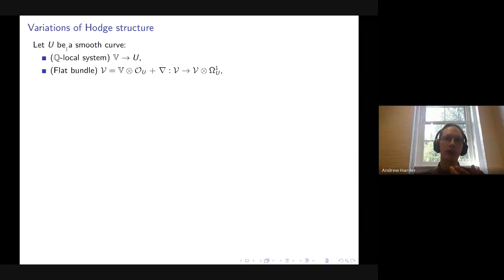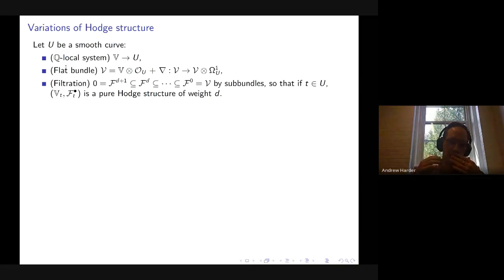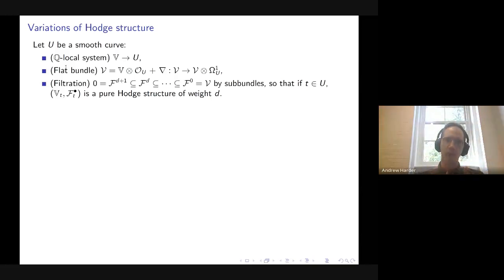This is the variation of Hodge structure over the curve. Then I have the connection on this flat bundle, which I'll call nabla. And on this, I want to equip a filtration. This is a decreasing filtration by subbundles, so that when I restrict to a given fiber, what I get is a pure Hodge structure of weight d.